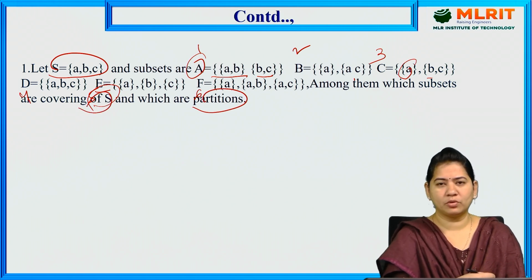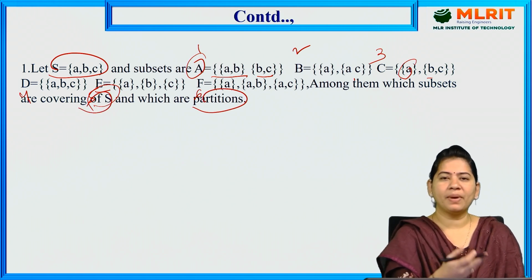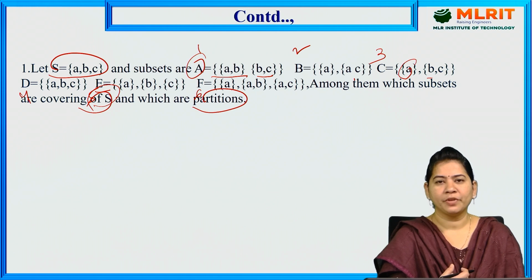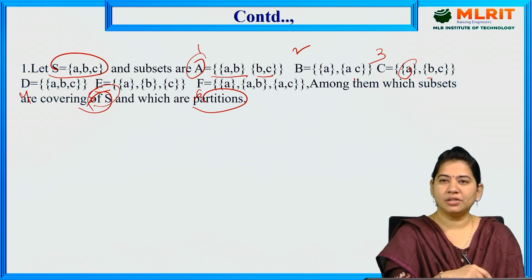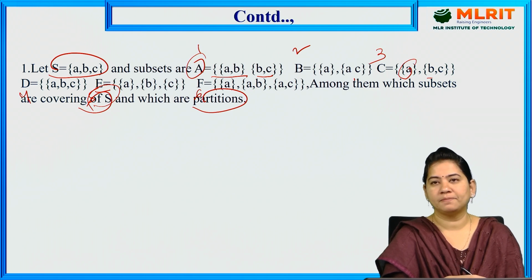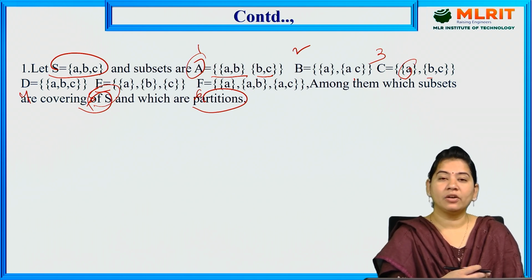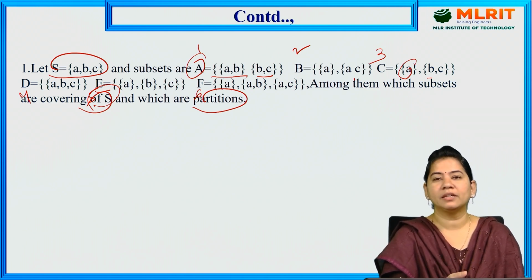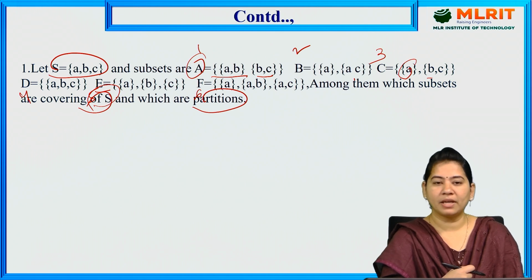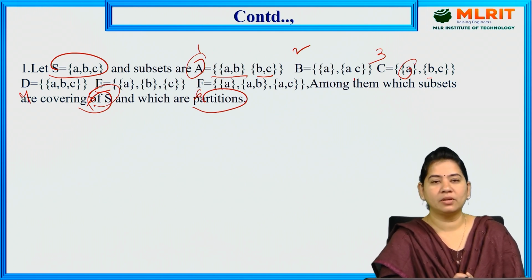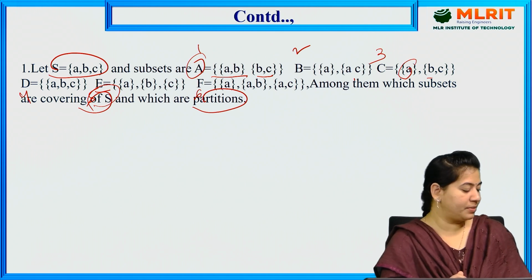It cannot be both. Means if that is a partition, we cannot say that it is a covering. If that is a covering, we cannot say that it is a partition. Sometimes it is neither covering nor partition also. So let us solve the problem based on this.